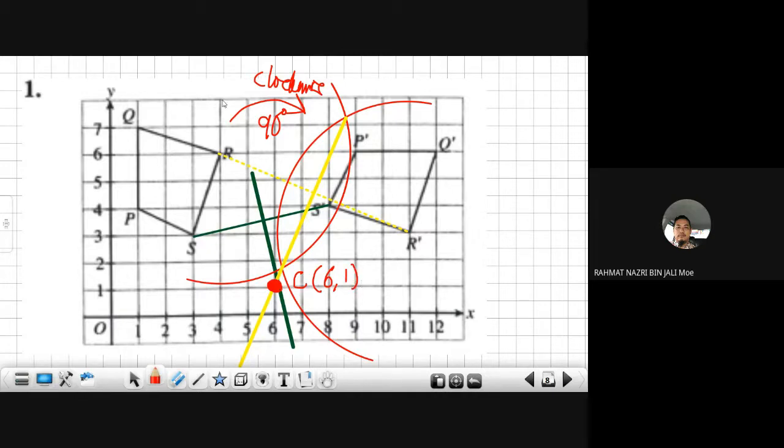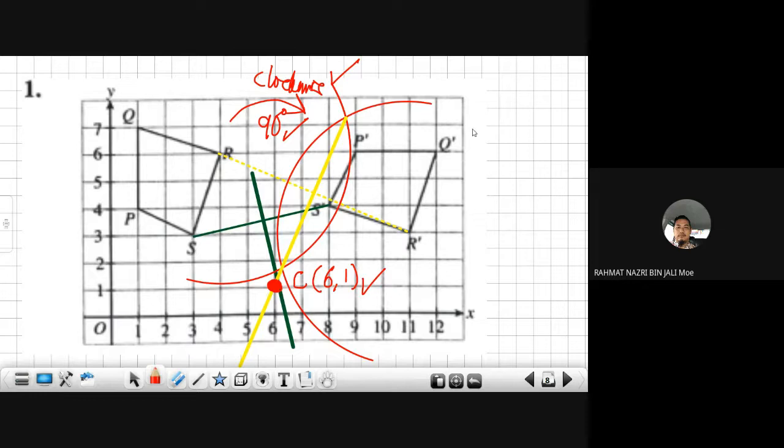Okay. After we found the direction clockwise, the degrees 90, and the center 6, 1, we have to write down the full statement, the full description of the rotation.